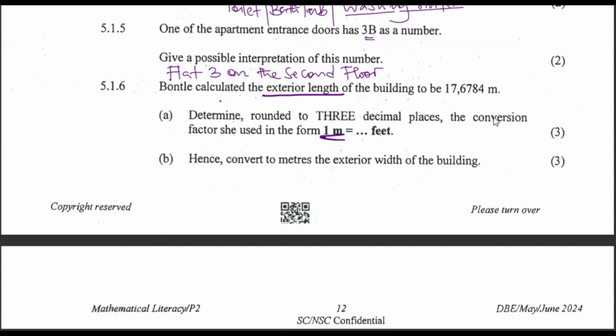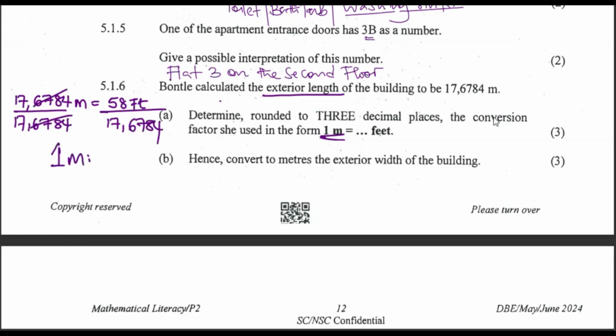So we have 17.678 meters equivalent to 58 feet. In the form of 1, we're going to divide through by 17.678. The reason I'm dividing is to remain with 1 on one side, to find the scale factor they used.